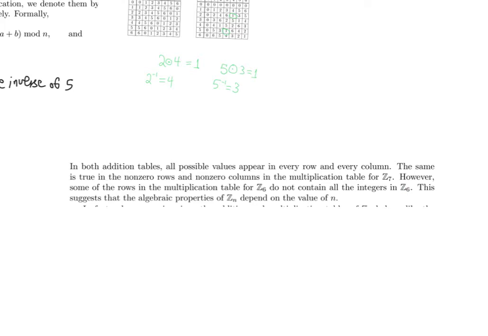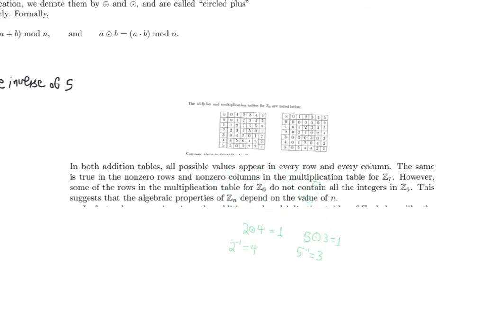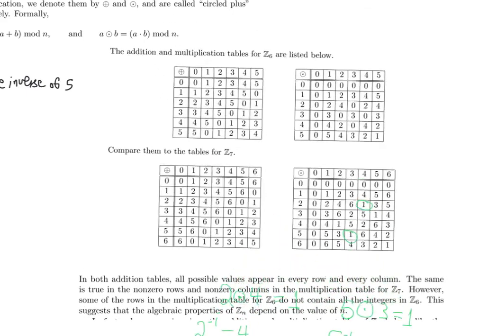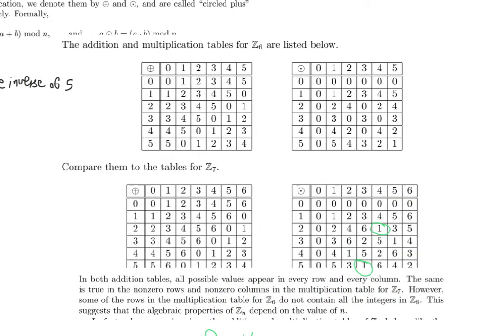One thing that I didn't mention about Z mod 6 that we talked about in Z mod 7: notice in Z mod 6 we don't have this nice property where it's like a Sudoku board, right? Here I have 1, 2, 3, 4, 5, 5, 4, 3, 2, 1. But look here, in these rows, not all of 1 through 5 are represented. But in this one, they are.